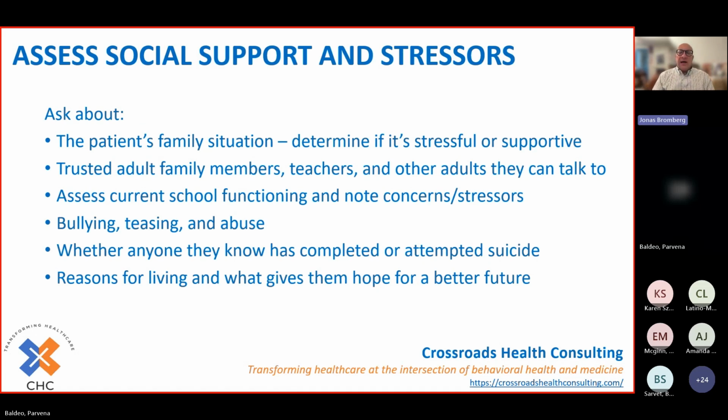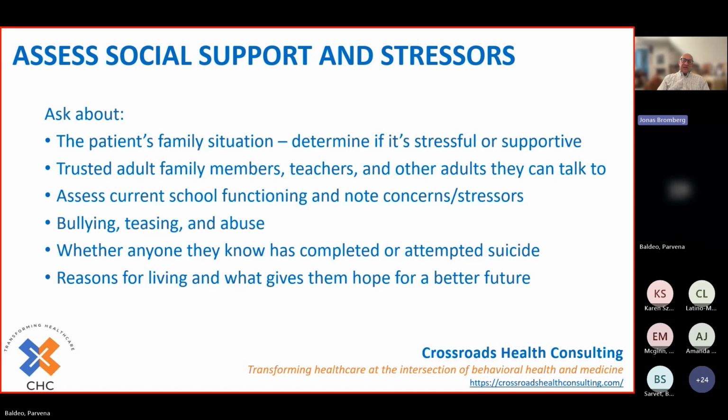The next domain that we want to assess is, again, the level of social support and stressors that may be present in a patient's life. We want to definitely be aware of and know about their family situation. Is that particularly stressful, or is it supportive?